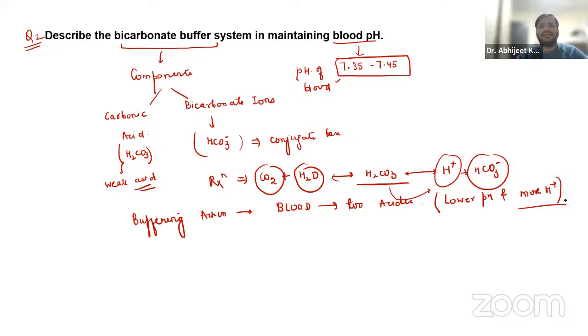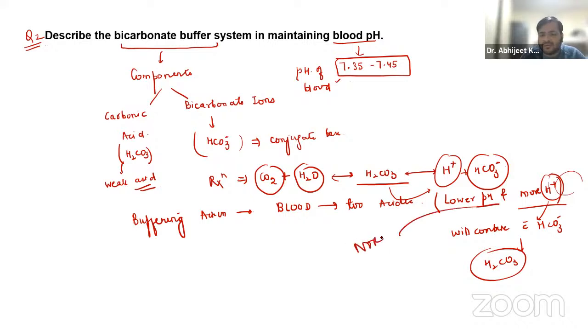The excess H plus will combine with bicarbonate to form carbonic acid. So it is reducing the concentration of free H plus, raising the pH towards the normal levels.